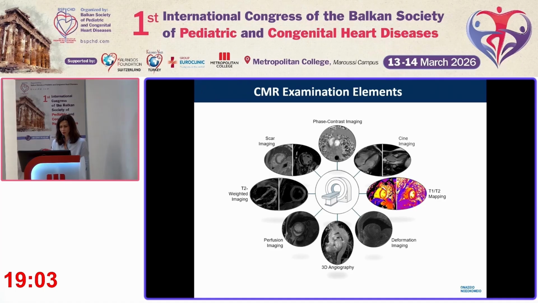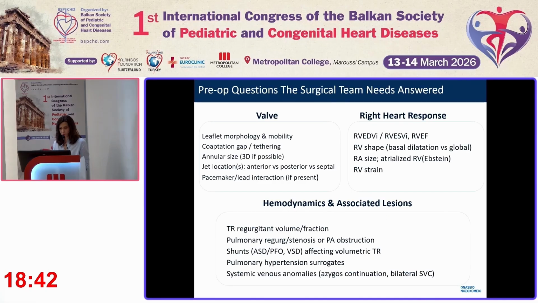And we have a stack of valuable imaging methodologies called sequences to assess anatomy, acquire volumes and flows, assess myocardial function, depict the entire thoracic anatomy through angiography, evaluate myocardial deformation and viability, and do tissue characterization with mapping.